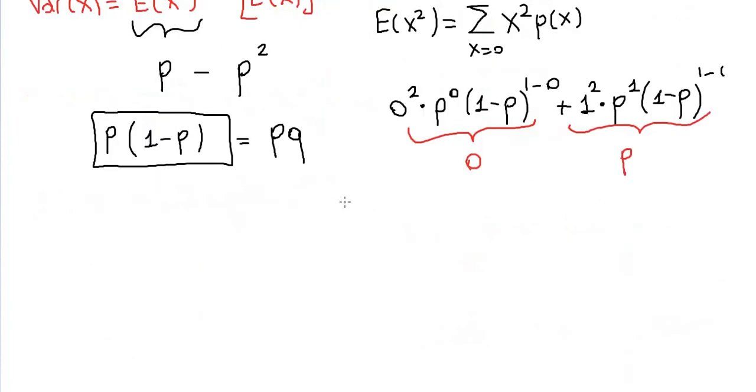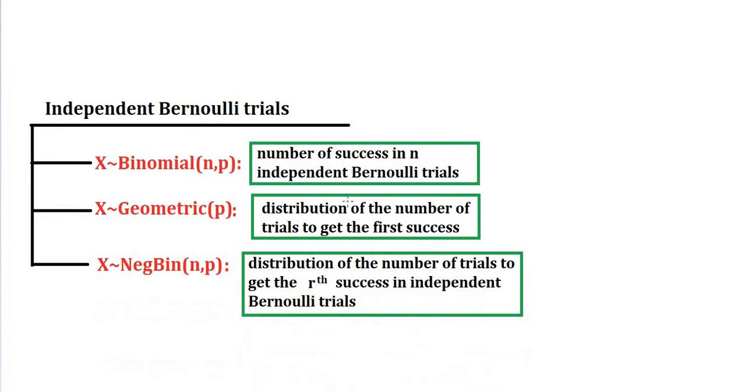Now let's see the relationship between the Bernoulli random variable and other discrete random variables. If the Bernoulli trials are independent, then the binomial random variable is the number of successes in n independent Bernoulli trials. The geometric random variable is the distribution of the number of trials to get the first success.